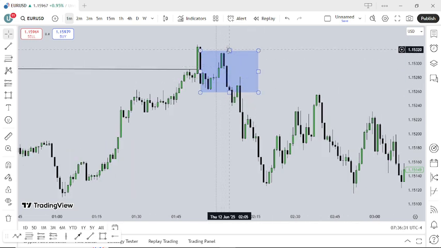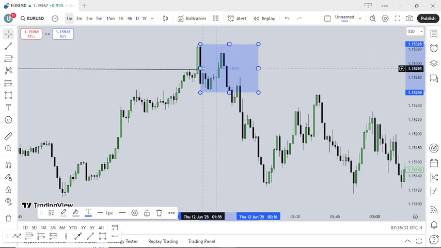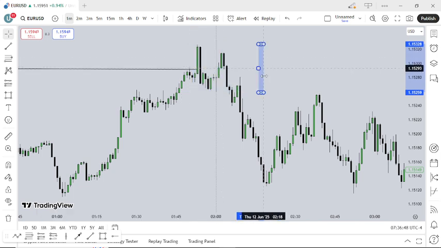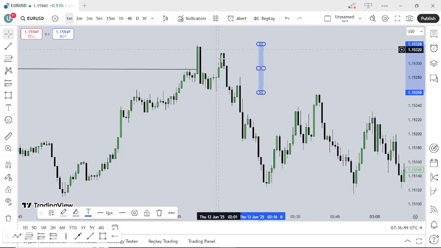It took out the liquidity before the London session opened, but then the market structure shifts and the PDRA formed during the session. So as the London session opened, we had a market structure shift.